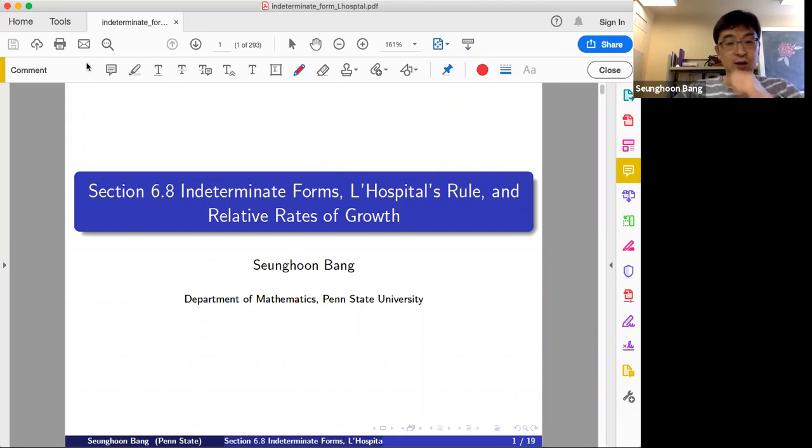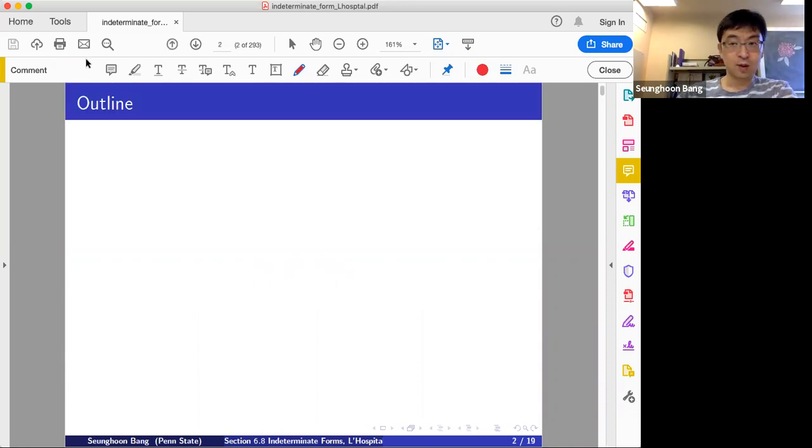Okay, so today I want to talk about section 6.8: indeterminate forms, L'Hopital's rule, and relative rates of growth. As an outline, I want to talk about the 4 kinds of limit problems today. The first problem is the limit of f of x over g of x as x approaches a.